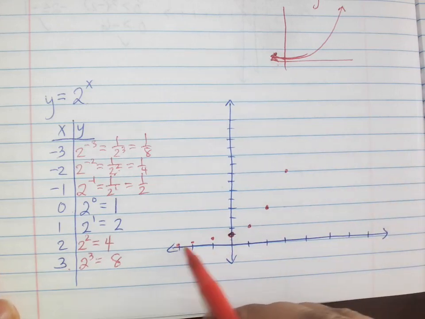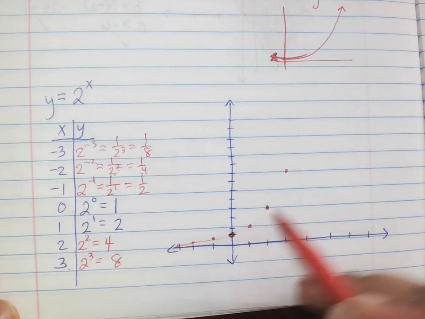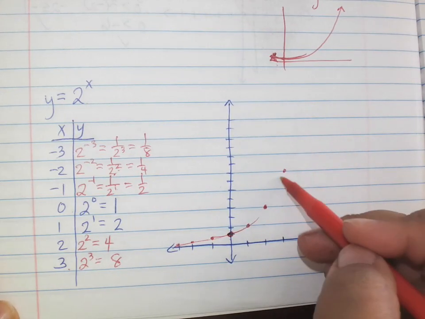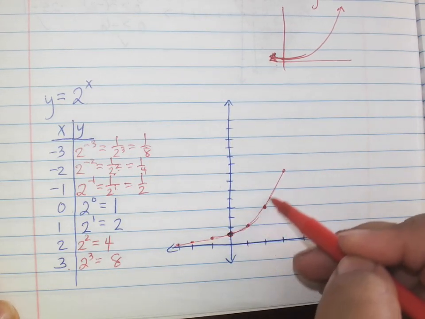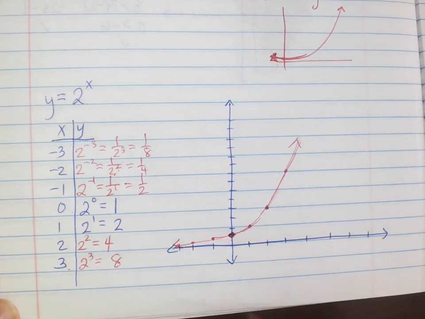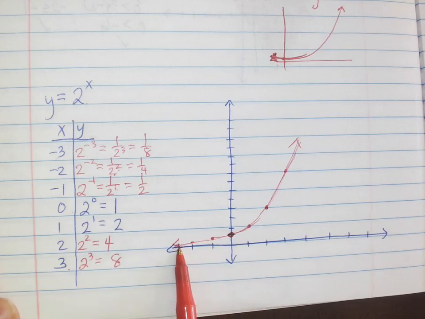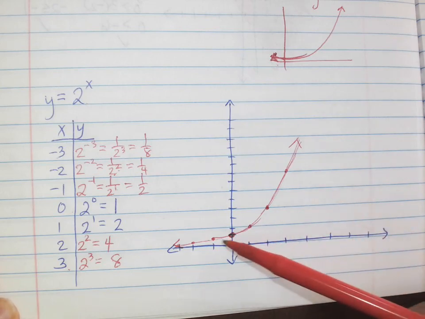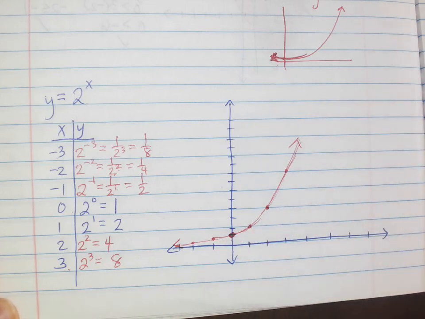If we connect this, and let's put a little arrow here that it continues this way too, we could see this side doesn't get close. I mean, it gets closer and closer to 0, but doesn't touch 0. This one's just shooting right up. So this is a major increase. That's exponential growth.